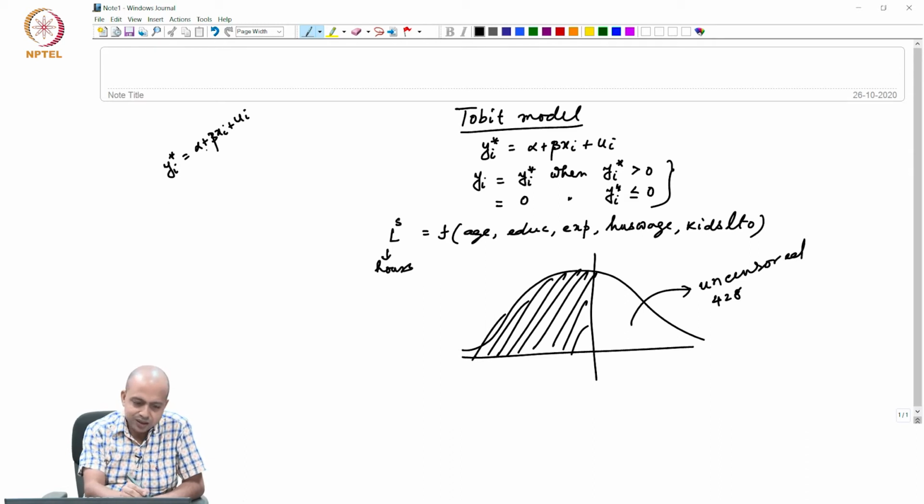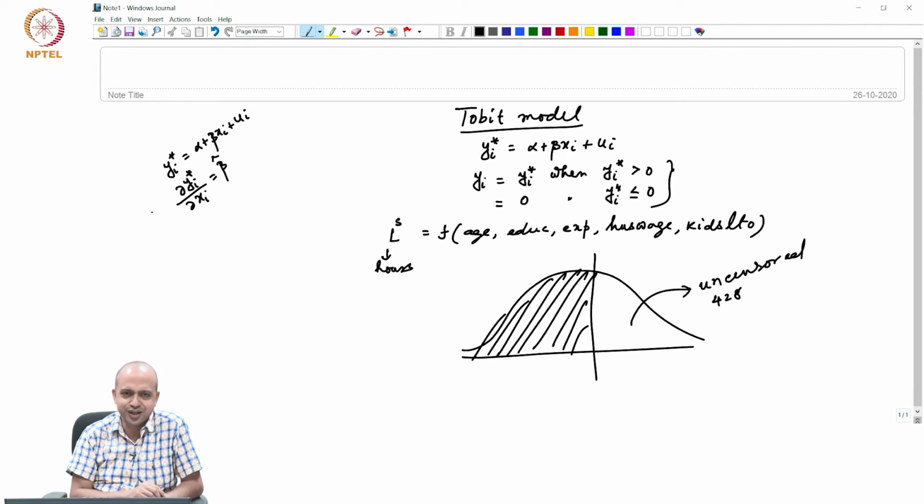So the beta that we got from that output comes from here. That means del yi star over del xi equals beta. So the estimated coefficient shows, for a unit change in xi, the change in the latent variable. But the latent variable, as we said, is not observable. Rather, what we want is yi. This is our prime variable of interest.